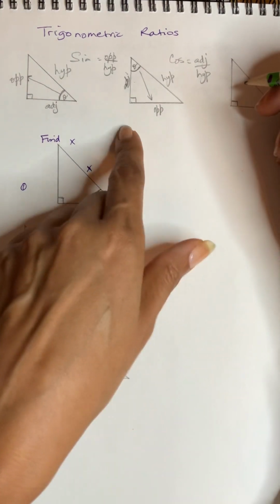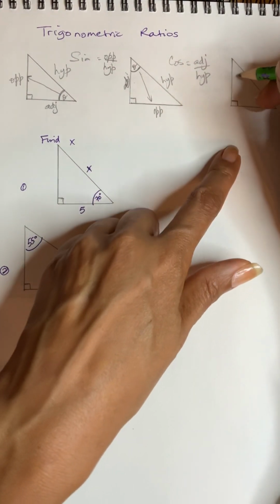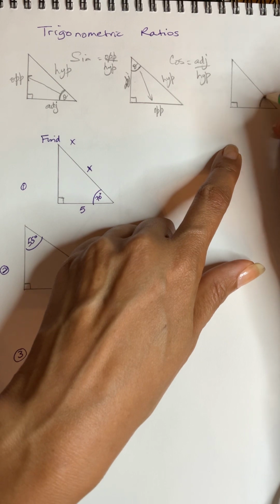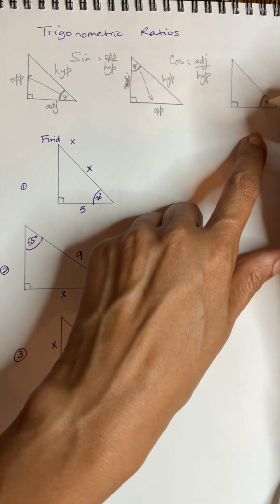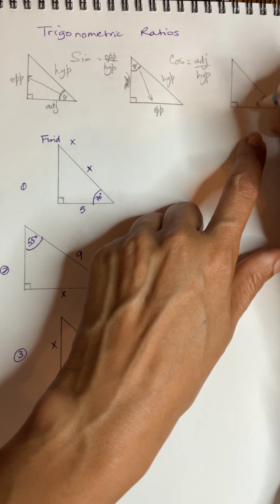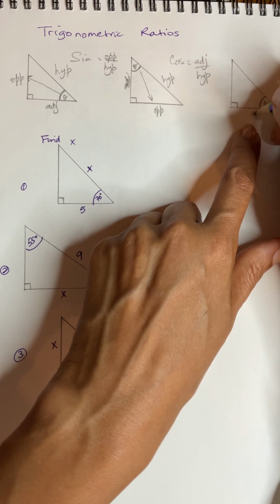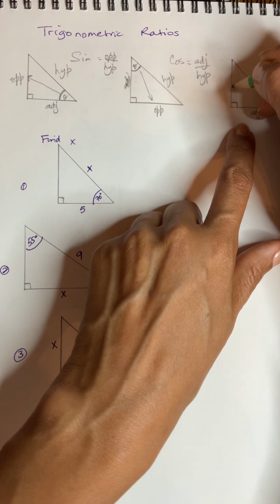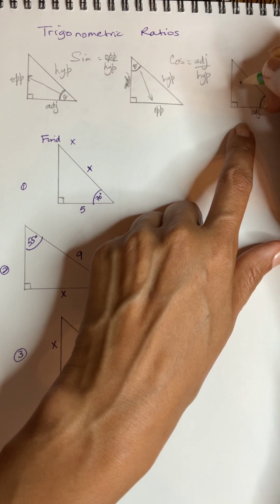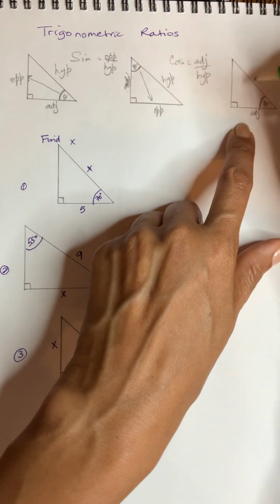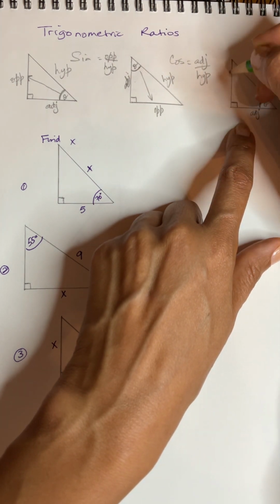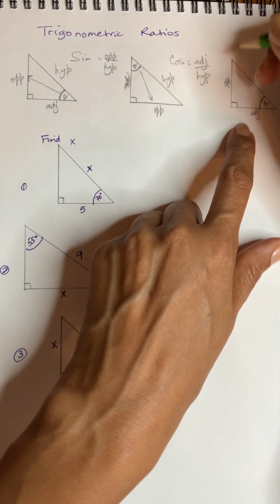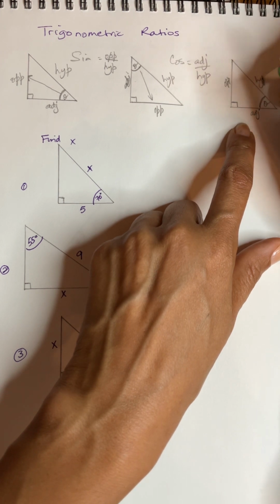Now, if we are given the angle measure here, and let's say this is always the adjacent, and we have here, let's say, the opposite, and this is the hypotenuse.